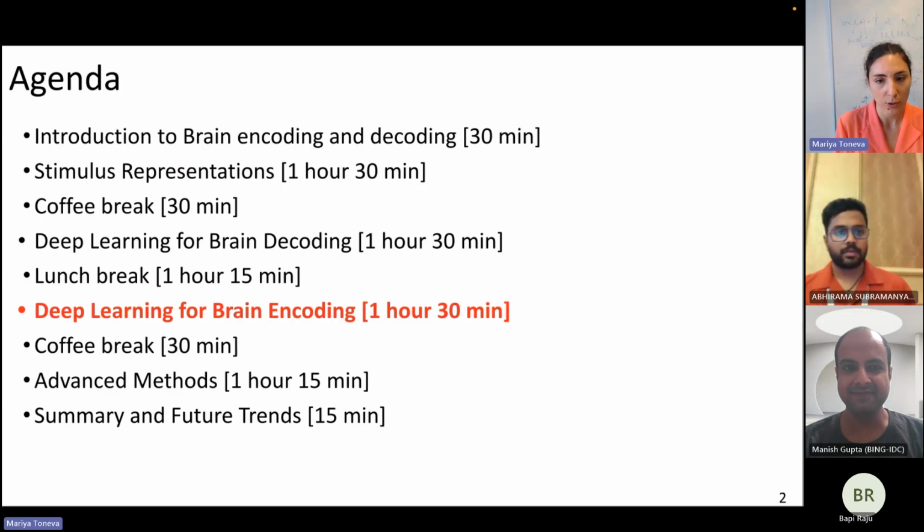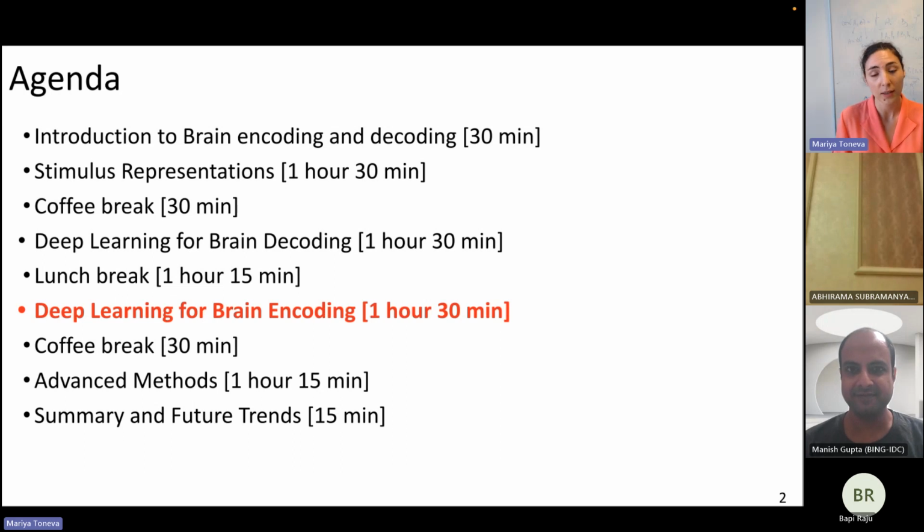So I'll be talking today about deep learning for brain encoding. So far in today's session, we had the introduction to brain encoding and decoding. We talked about stimulus representations that are needed to do this encoding and decoding. And we also looked at deep learning for brain decoding.